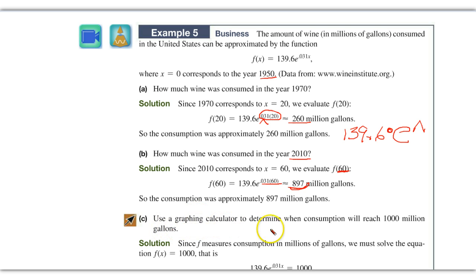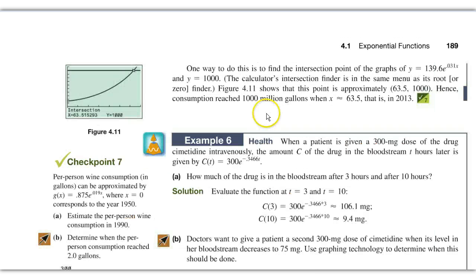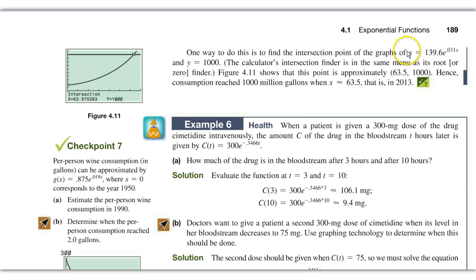Now, use a graphing calculator to determine when the consumption would reach 1,000 million gallons. Wow, that's a lot of wine. So how do we do that? Well, one way is to put this into your graphing calculator and then put a second equation in as y equals 1,000, which is this line up here, and then use your tracing tool.